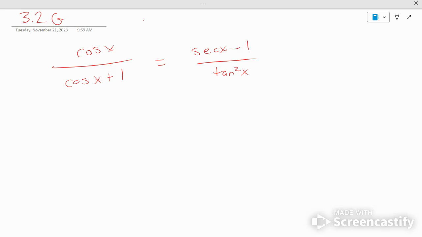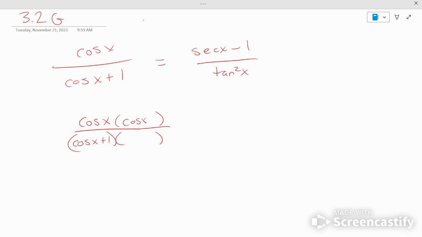So if we're thinking conjugates, I got to think the conjugate of the cosine of x plus 1. What do you think the conjugate of the cosine of x plus 1 is?